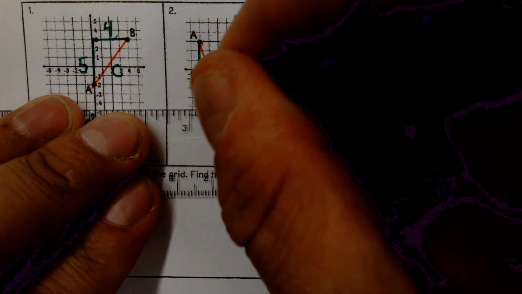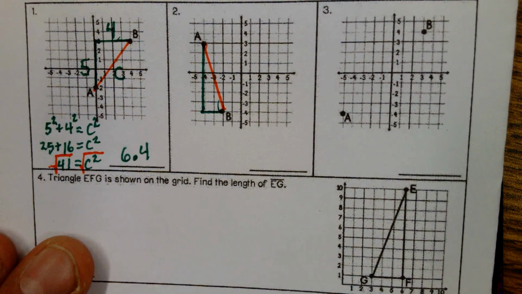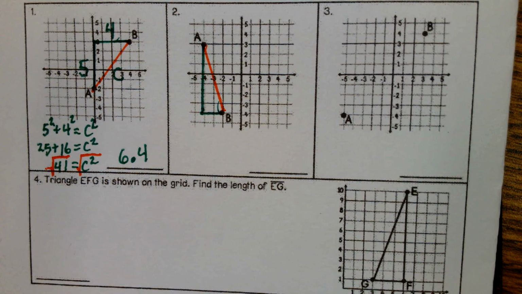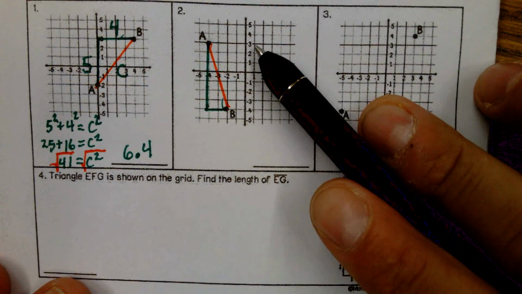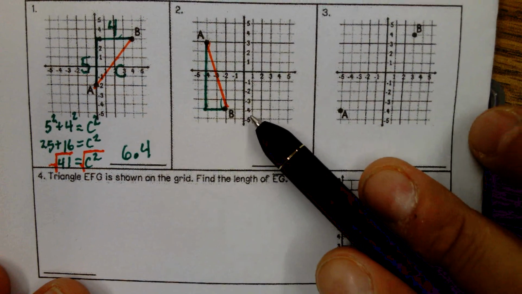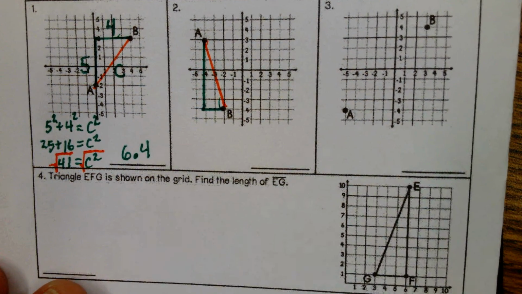I find that the hardest ones are finding the length on segments like this that are pretty steep, because counting the lengths can be a little tricky. So that's why sometimes you want to go by the numbers. So let's figure out, I went from 3 down to -4.